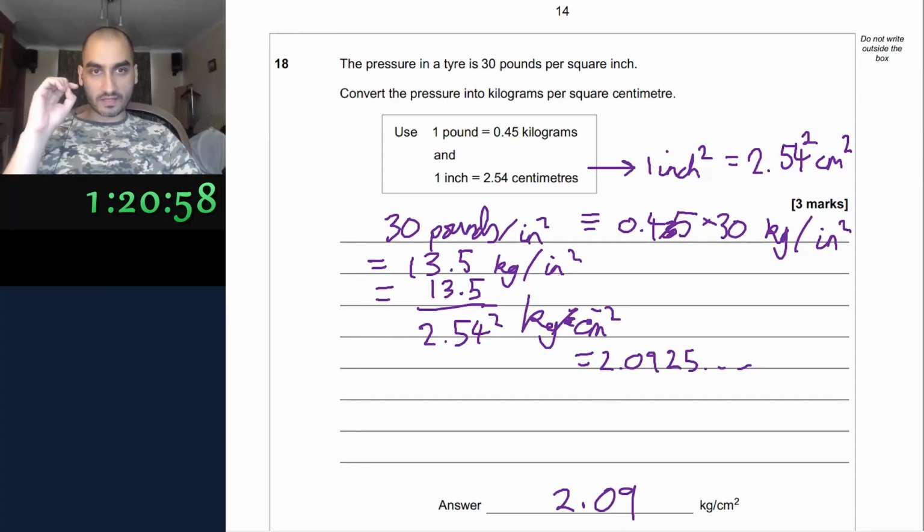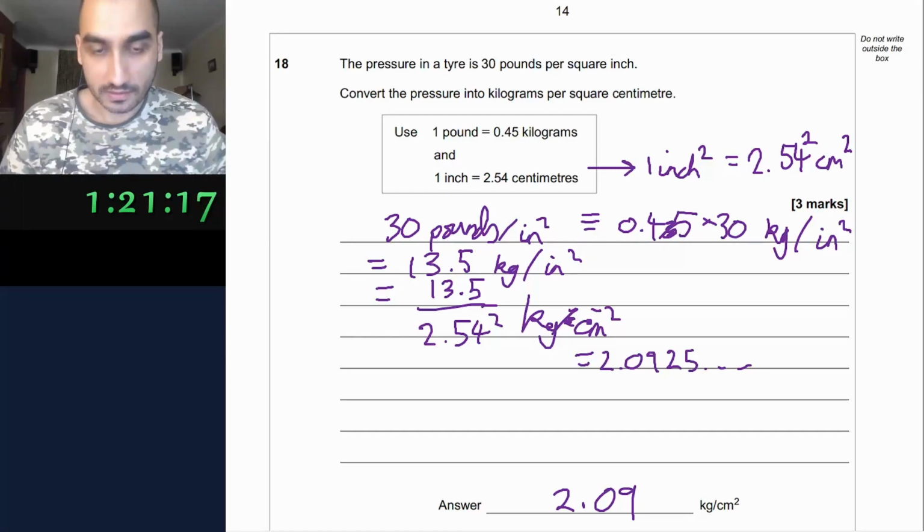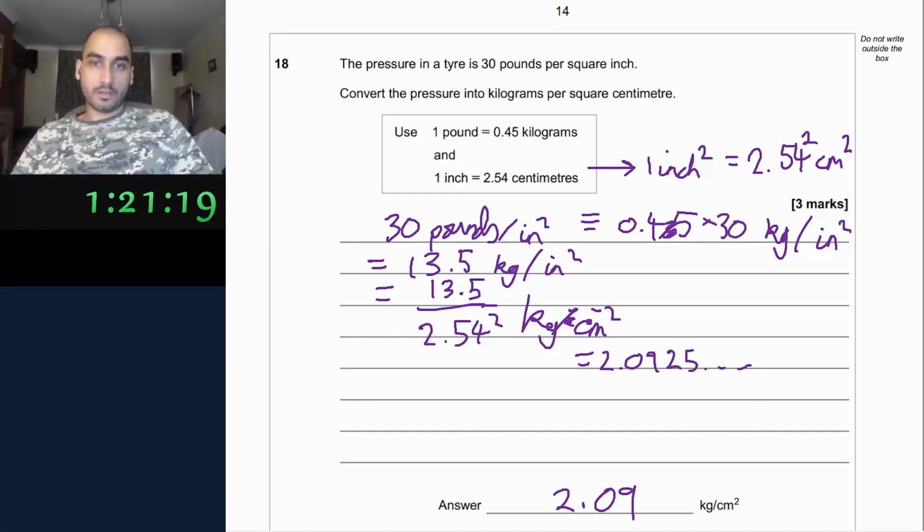Okay, so to convert to these sensible units, away from these archaic Americanized units. Well, a lot of people in the UK do use these as well, but let's convert them to sensible European units. 30 pounds per square inch, so multiply by 0.